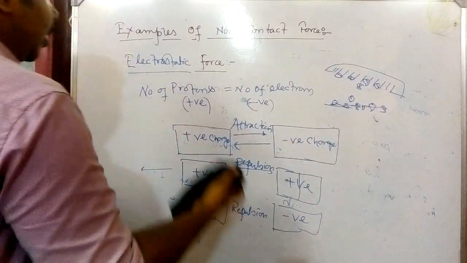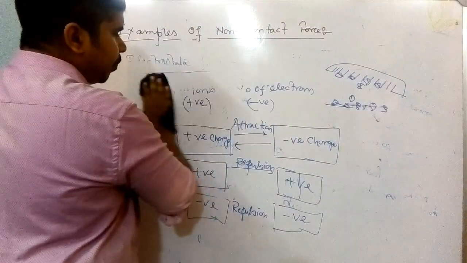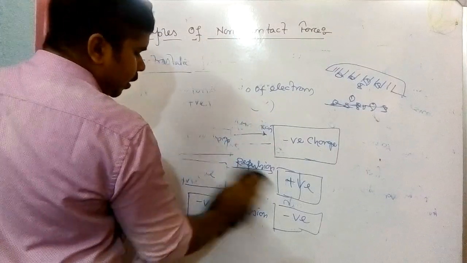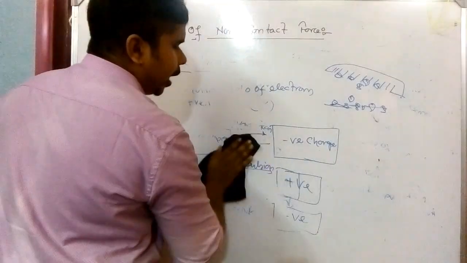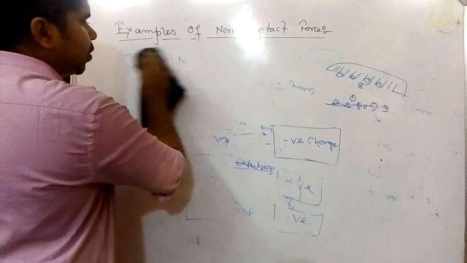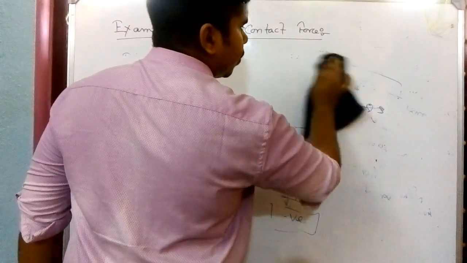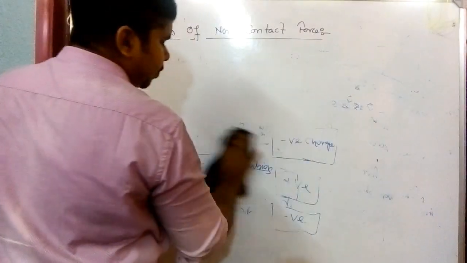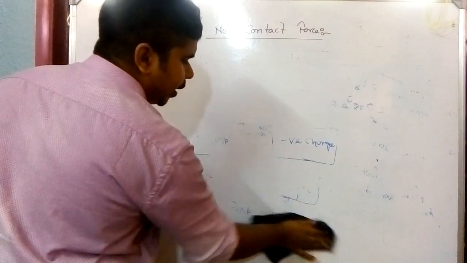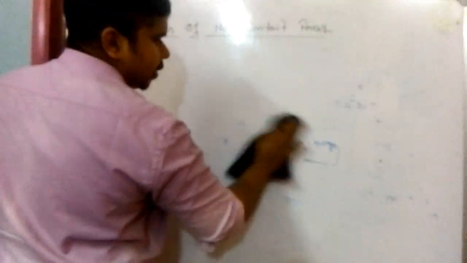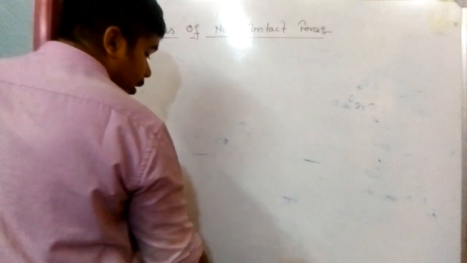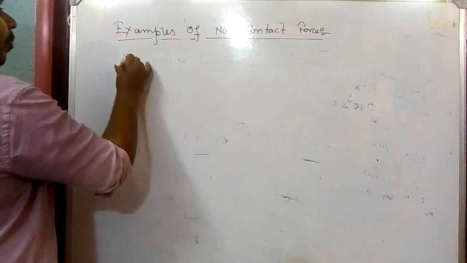Coming to the next thing, so electrostatic force is over. The last thing we will discuss is the magnetic force. I have already told earlier that magnets attract magnetic substances at a distance. Here also no connection is needed between them.